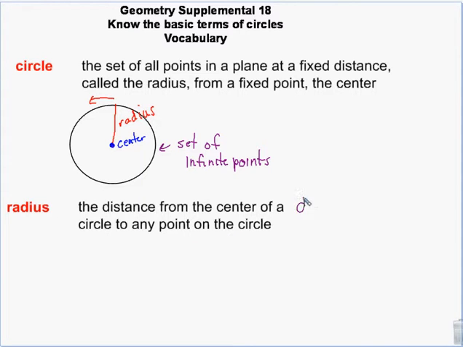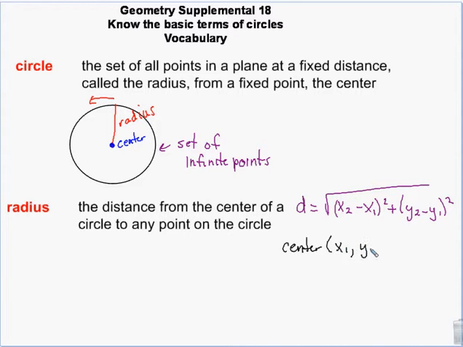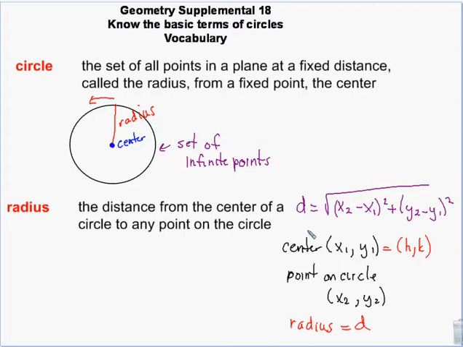If you take the distance formula, if the center would be, say, x1, y1, which we normally call h, k when we're talking about circles, and then a point on the circle would be x2, y2, then the radius would equal d from the distance formula.